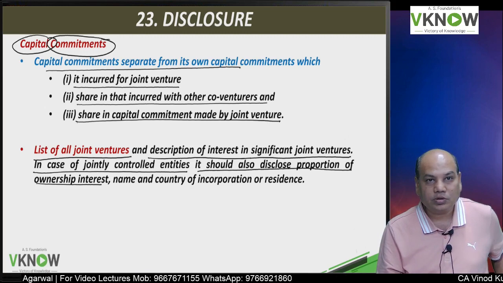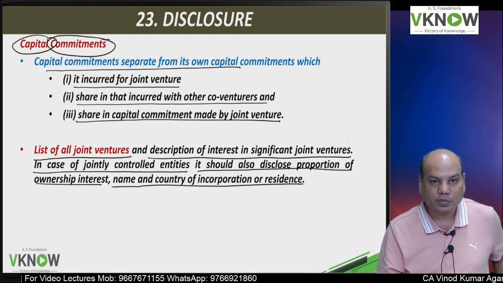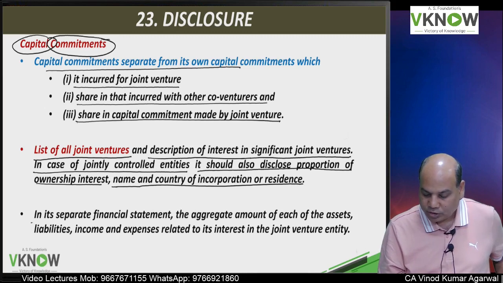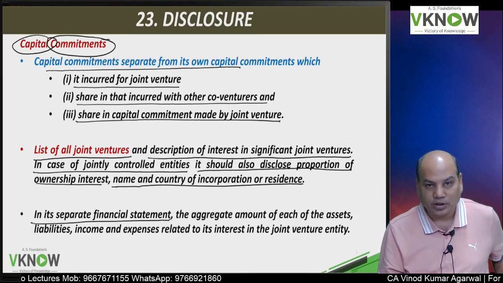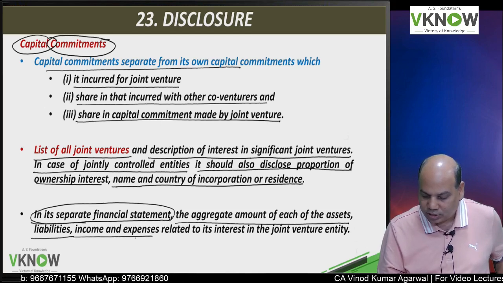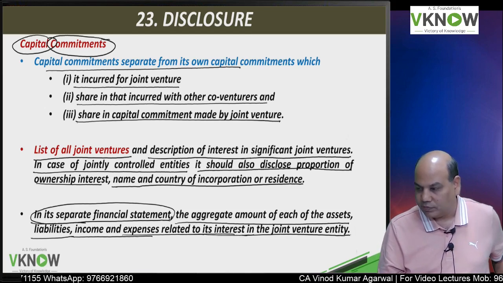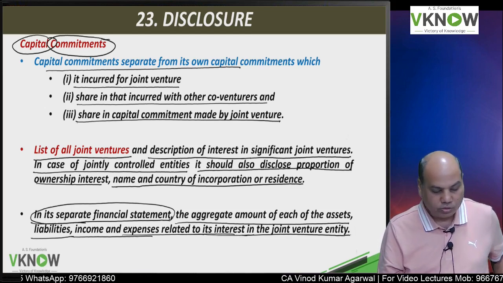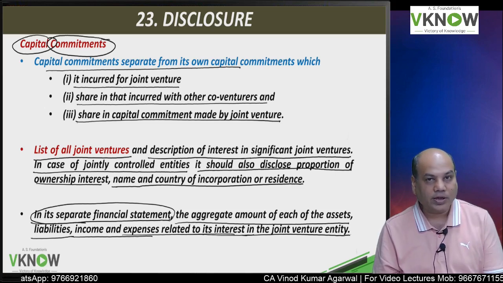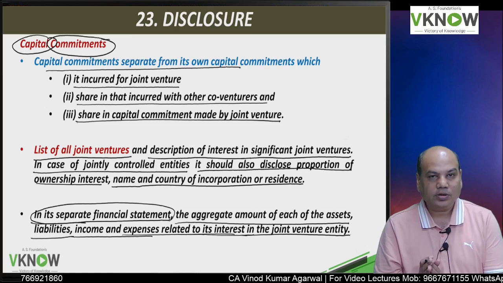You have to also disclose how much percentage you are holding, name and country of incorporation or residence. In the separate financial statement, the aggregate amount of each of the asset, liability, income and expense relating to its interest in joint venture will be disclosed. So these are the disclosure requirement as per AS 27.